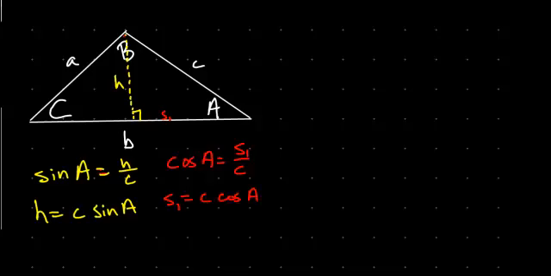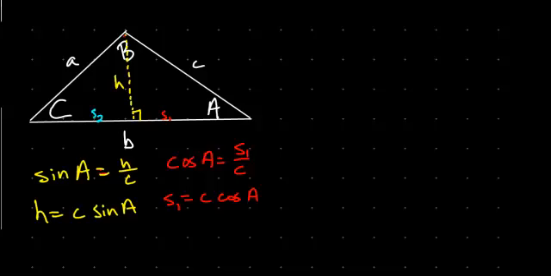Okay? And now, since I know that this entire side is length B, I can get an expression for this piece. Okay? So that piece there, let's call it S2, side 2.